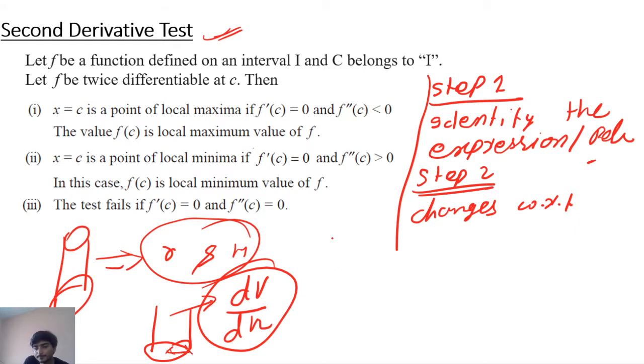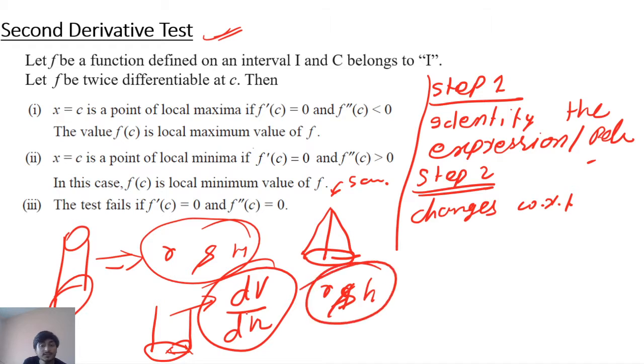But if you see a cone, if I'm pouring some sand over here, the radius is also changing, h is also changing. So radius and h both are changing. In this case we need to identify what relation we are going to stick to, so that it gives us a perfect equation. Guys, does anyone have any doubt? Then please tell me.